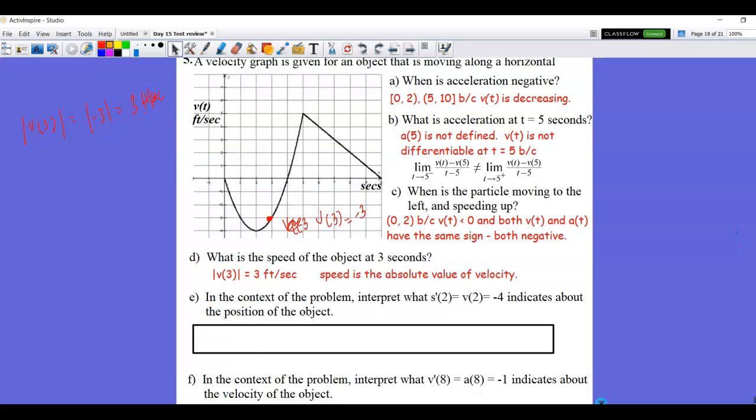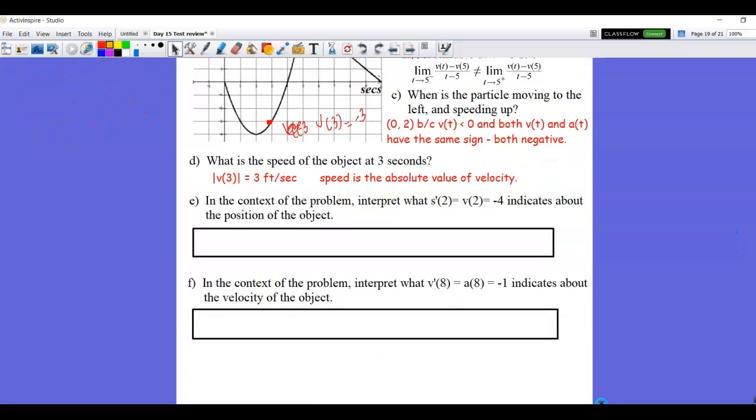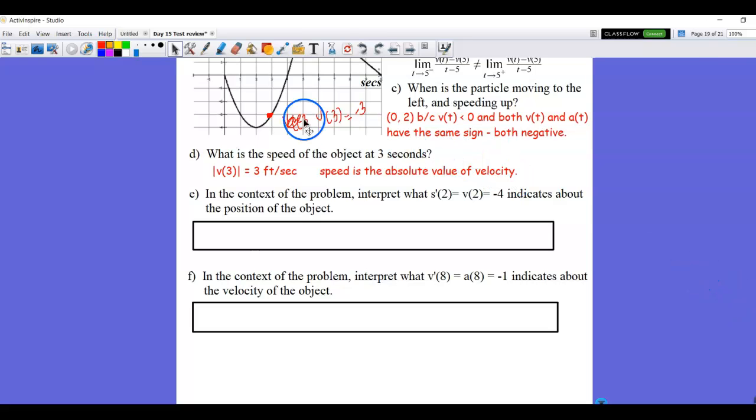Letter E. I just sent you guys an email this morning about interpreting a derivative. In the context of the problem, interpret what S prime, or V of 2, equals negative 4, indicates about the position of the object. Remember the conversations that we've had: a derivative reveals, shares, provides, modifies the preceding function.